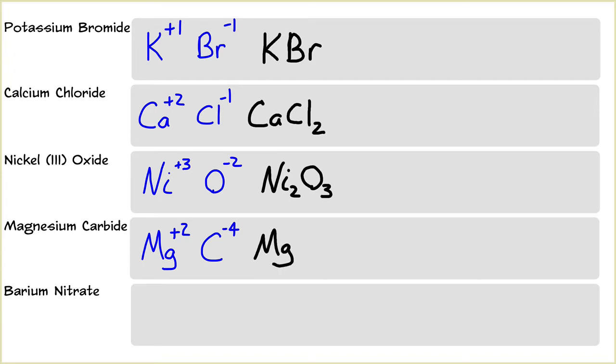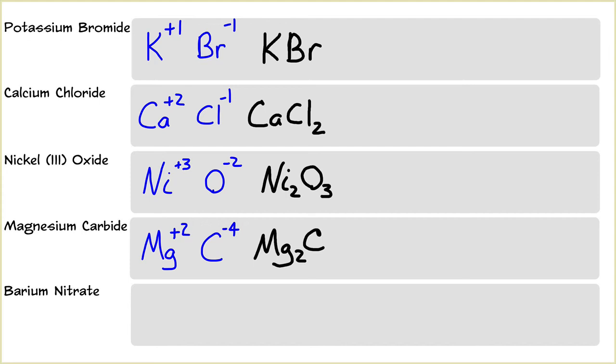Oh, wait a minute. A 2 and a 4, well, that's divisible by 2. So we need to reduce it to the simplest whole number ratio. The 4 got moved to the magnesium, and the 2 got moved to the carbon, but that's not the simplest whole number ratio. That's 2 to 4, which is the same as 1 to 2.